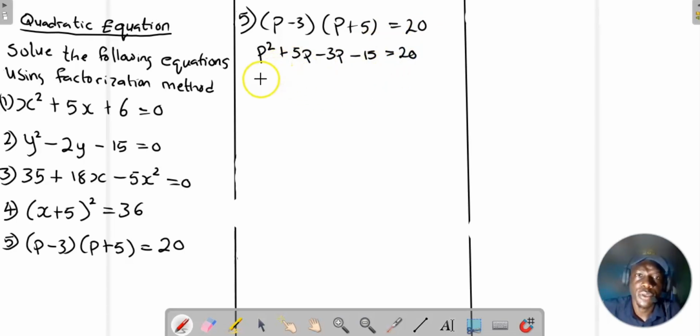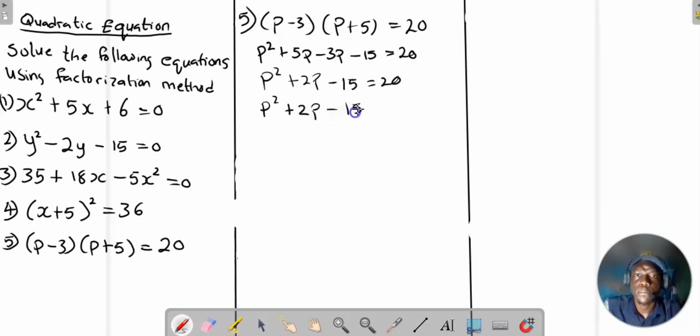Then bring down our p squared, 5p minus 3p will give us plus 2p minus 15 is equal to 20. You cross your 20 over to the left hand side, you have p squared plus 2p minus 15.